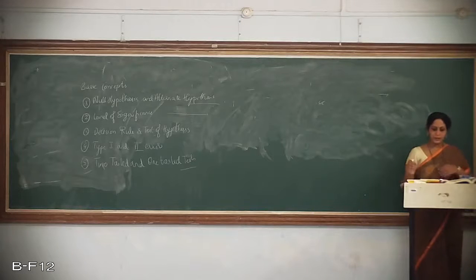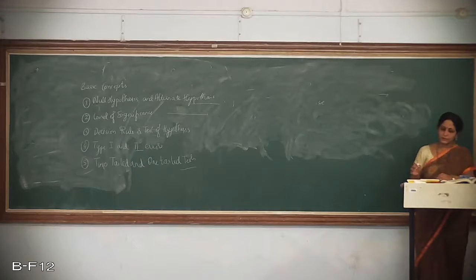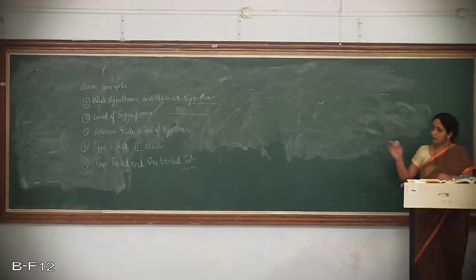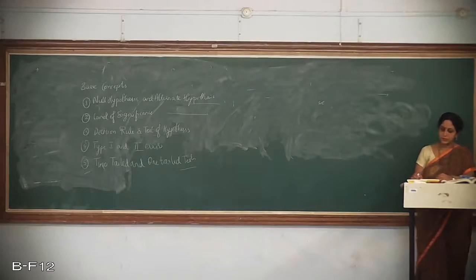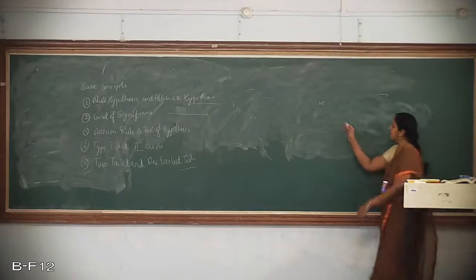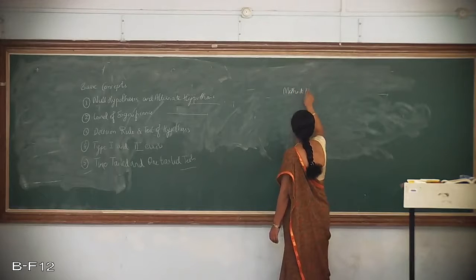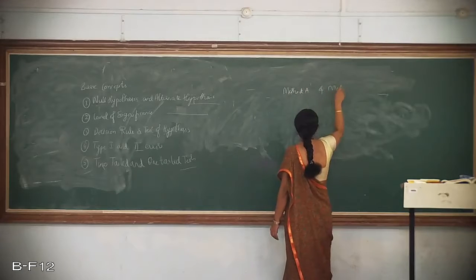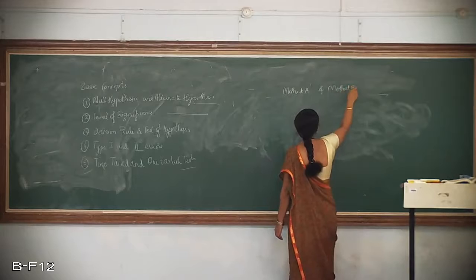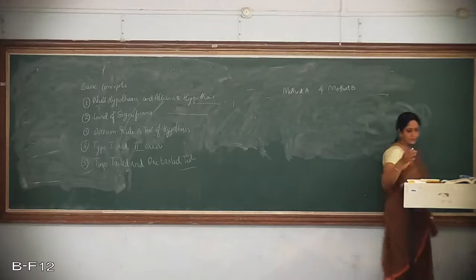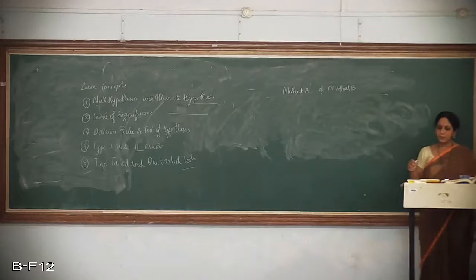When I talk about the null hypothesis and the alternate hypothesis, it is with respect to statistical analysis, where we often talk about the null and alternate hypothesis. If we compare method A and method B, we are talking about the superiority of the two methods.